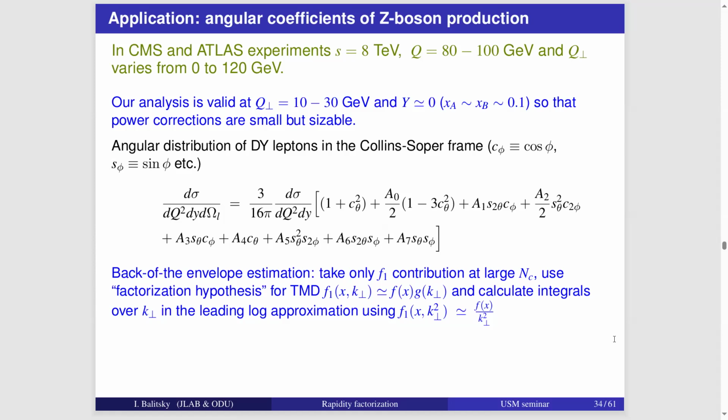I took only one TMD and used a factorization hypothesis for this TMD, that it is a product of something depending on x, which is basically the PDF, times something depending on k_perp, and calculated the integral over k_perp in the leading logarithmic approximation.